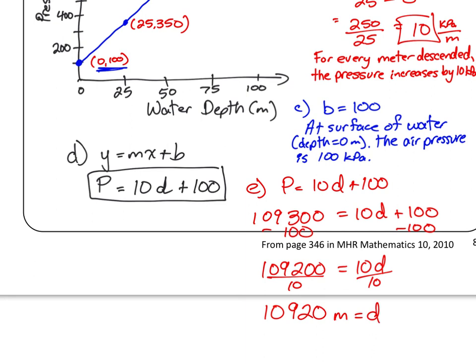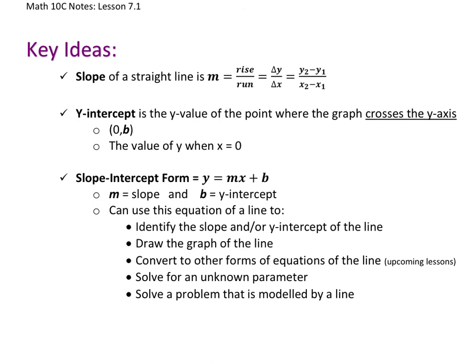So at a depth of 10,920 meters, you would have a water pressure of 109,300 kilopascals. So that concludes our video for lesson 7.1. You can use the key ideas here to help summarize the section and then work on the practice questions that follow.